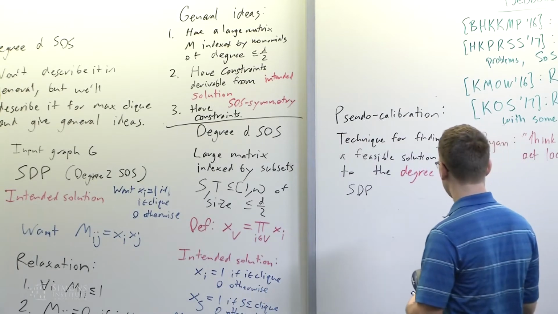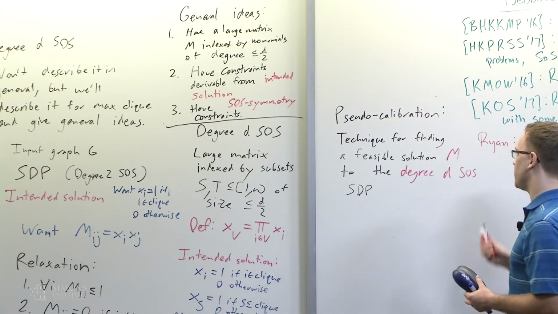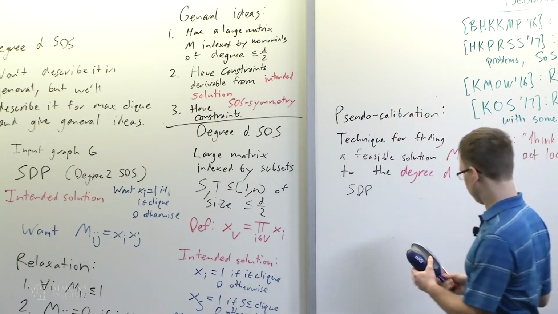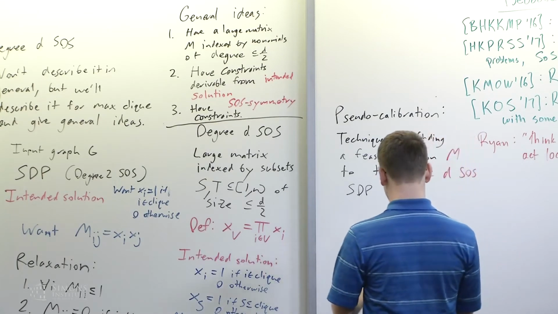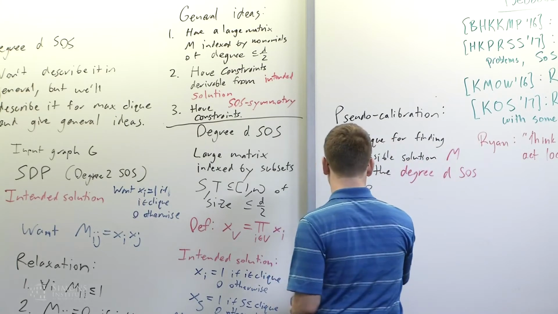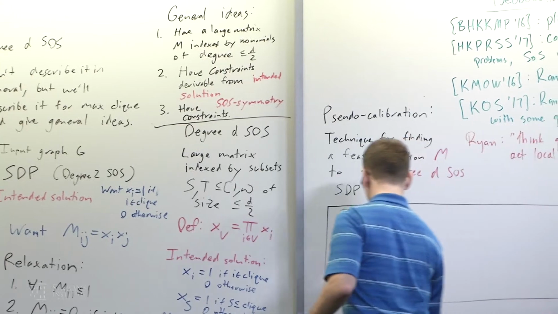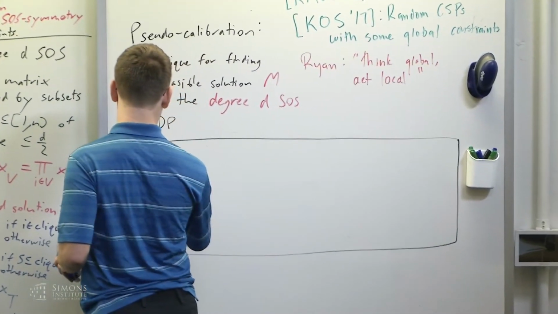Now let me return to pseudo calibration. Pseudo calibration is a technique for finding a feasible solution to this degree D sum of squares SDP. This will seem somewhat out of the blue, but we'll give a motivation for it soon.